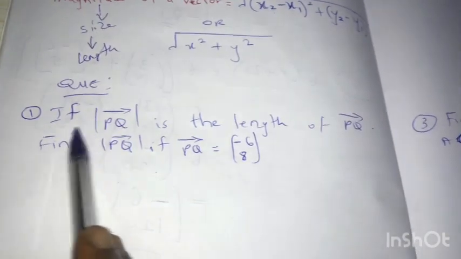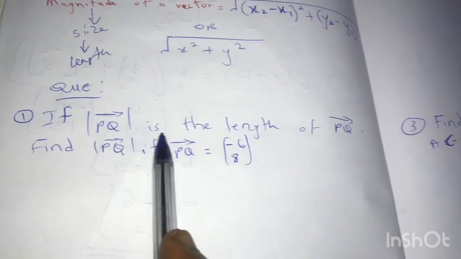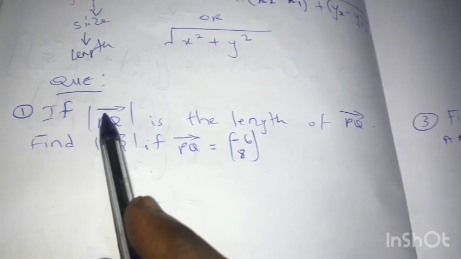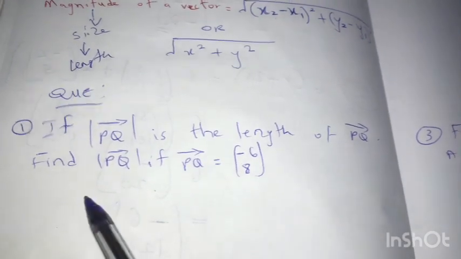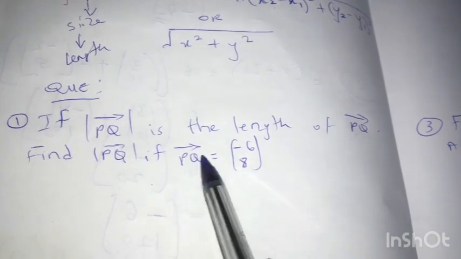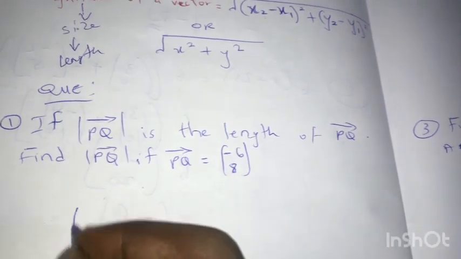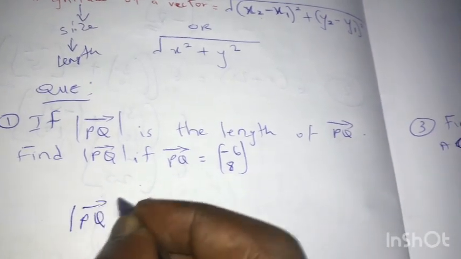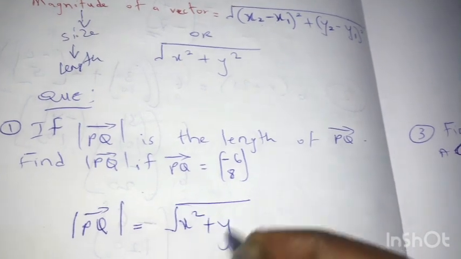If vector PQ has length, find the length of PQ if vector PQ is negative 6 and 8. This is very simple. The length of PQ is equal to the square root of x squared plus y squared.